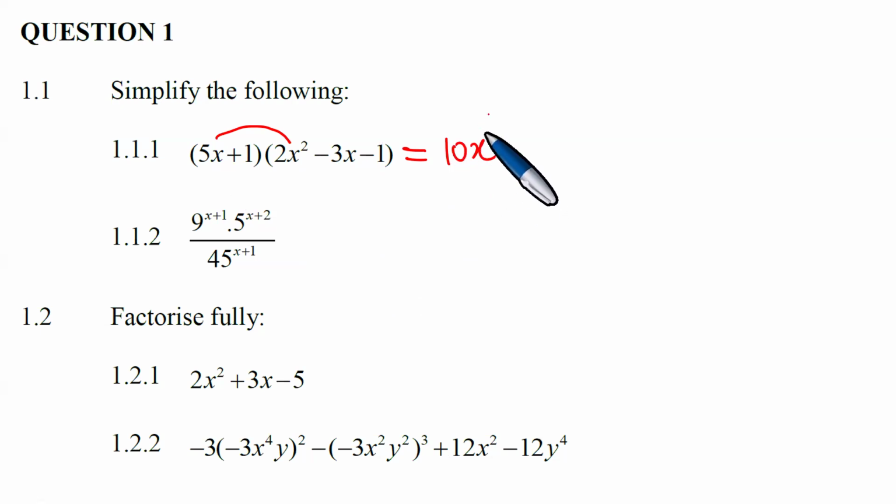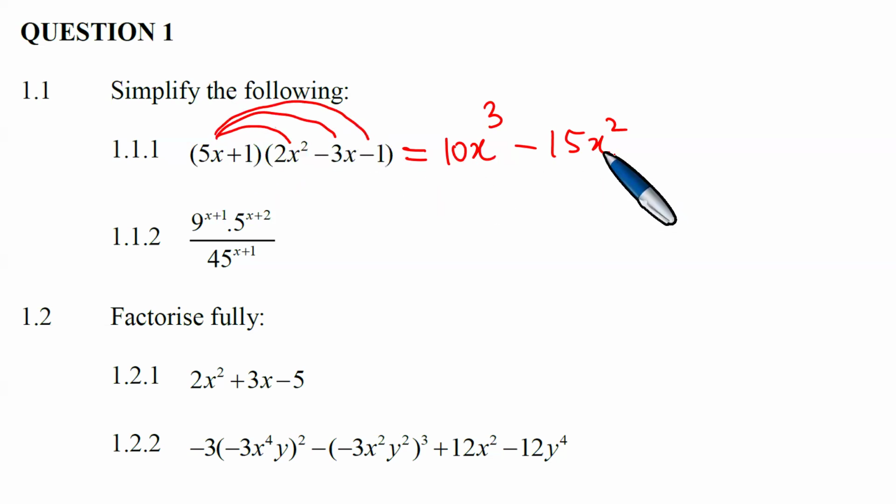It's actually 10x cubed. We multiply 5x times minus 3, negative 15x squared. We multiply 5x times minus 1, getting negative 5x. We proceed. We're not done yet.